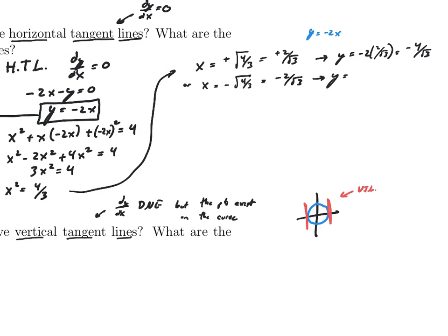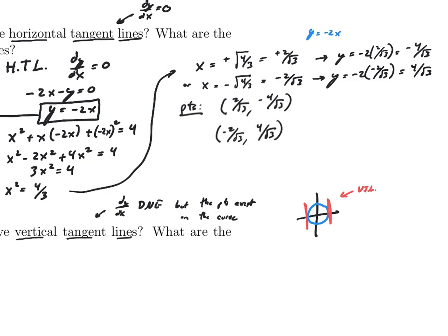I just multiply it by negative 2. So now I'm going to have 4 over the square root of 3. So our points for the horizontal tangent lines are: my x value is 2 over square root of 3, comma my y, negative 4 over square root of 3. And I'm going to have negative 2 over square root of 3, comma the positive 4 over square root of 3. So there are 2 points.